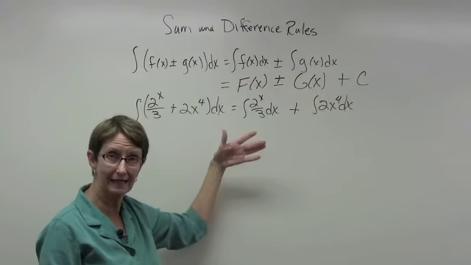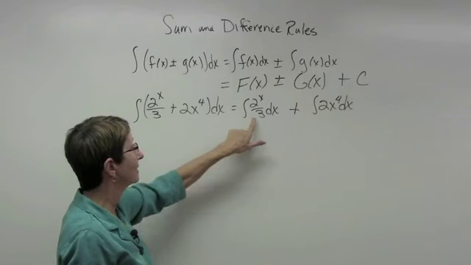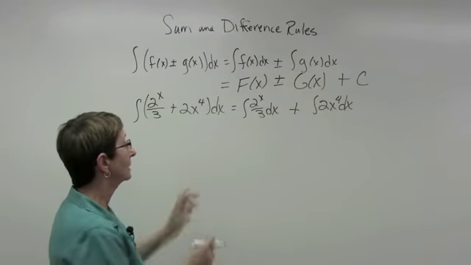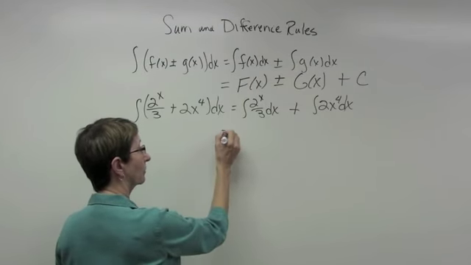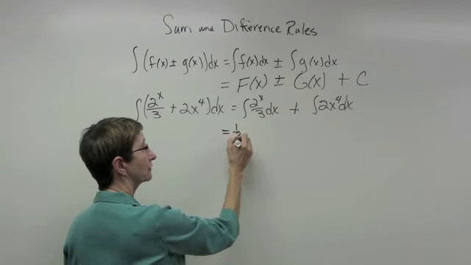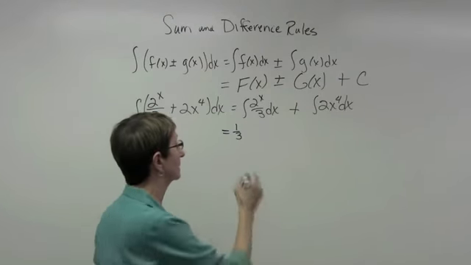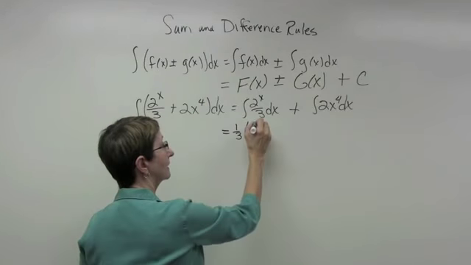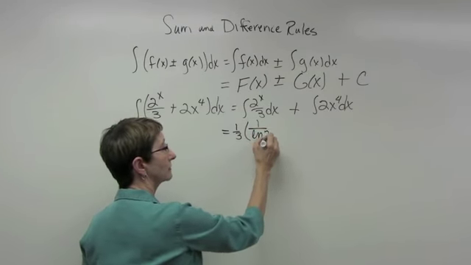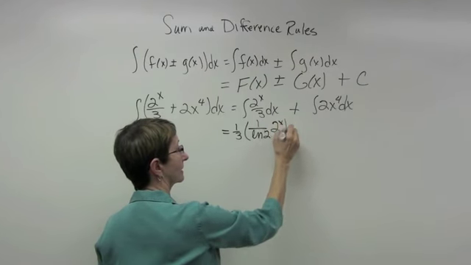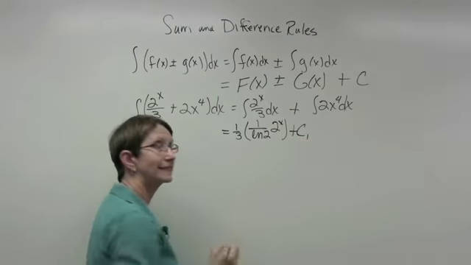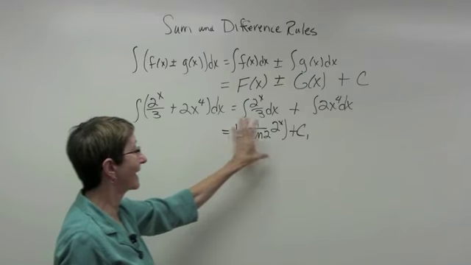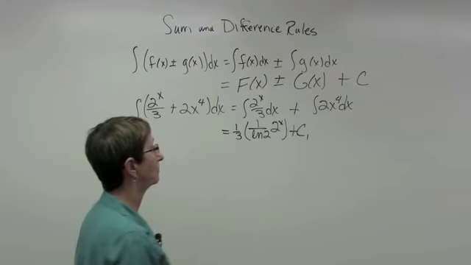That's like the rule for a to the x with a natural log. This 3 in the bottom is a constant. So I can pull the 1/3 in front as my constant, and then the antiderivative of 2 to the x is 1 over ln of 2 times 2 to the x plus, and I'll call it c sub 1 because I have another constant to look at.